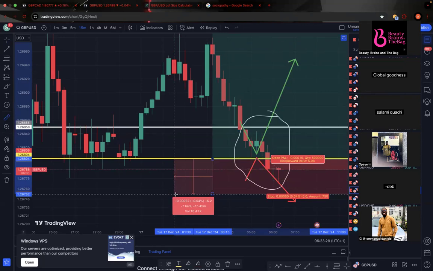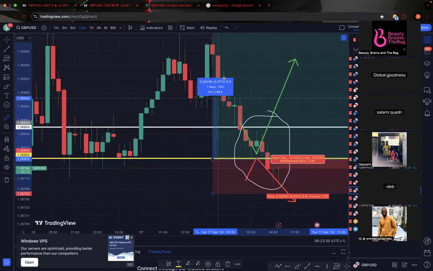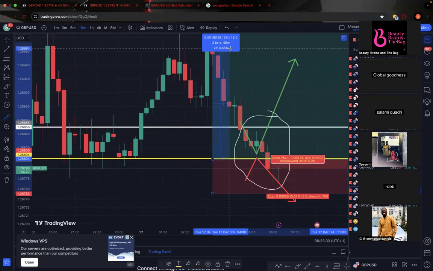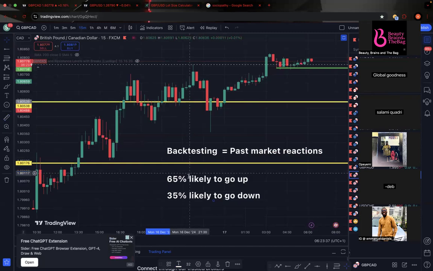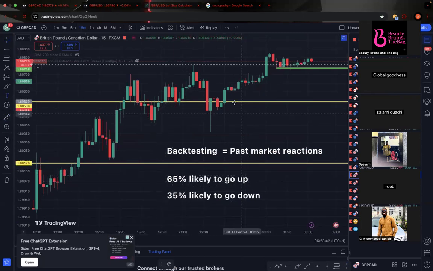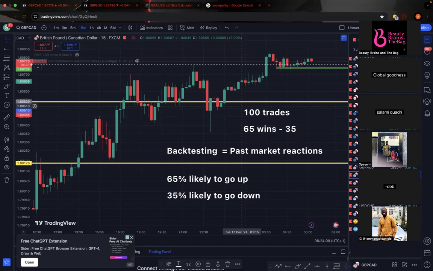But the probability of this market going up to hit my take profit is 65%. That means I'm 65% likely to clear this trade. You know what this actually means? This basically means that if I take 100 trades, I will win 65 trades and lose 35 trades.